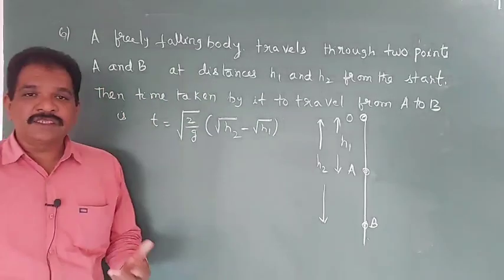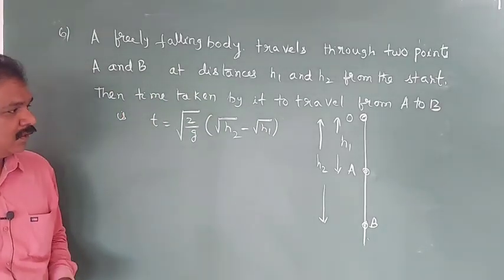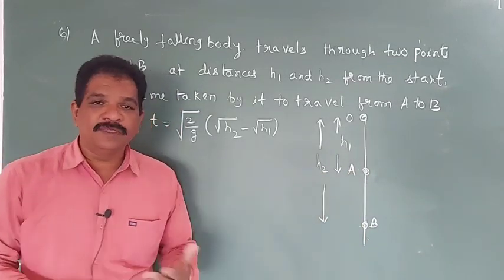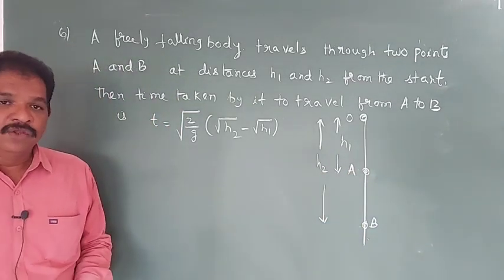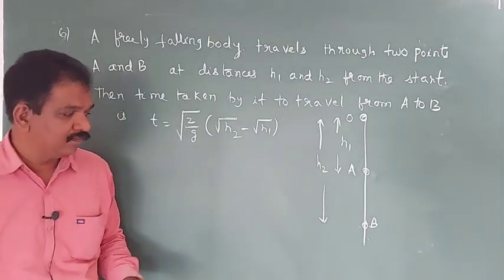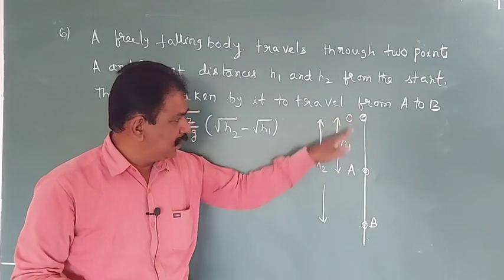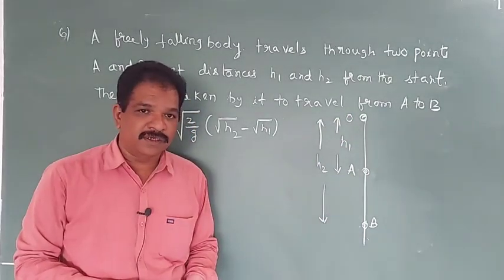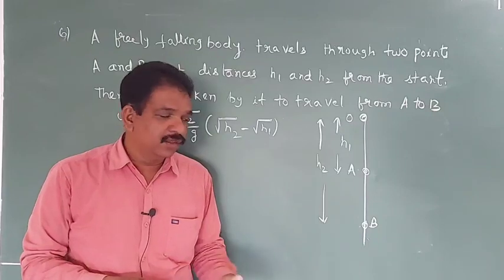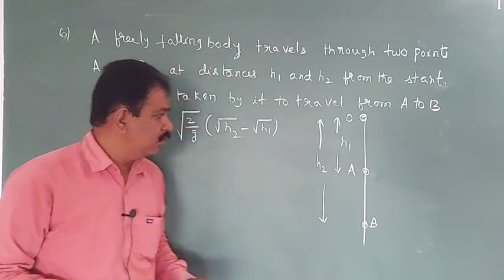They will give H1, H2 values. They will ask to calculate from A to B how much time it is taking. Point A is at a distance H1 from the start, point B is at a distance H2 from the start. Then what is the time taken by the body to move from A to B?